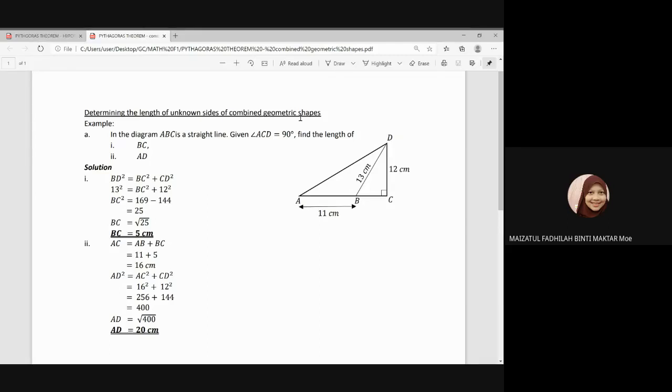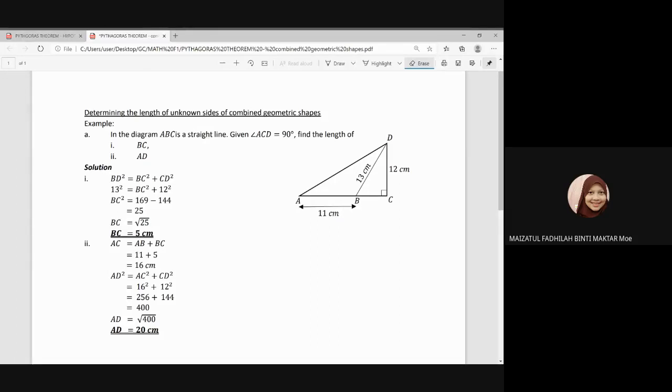You can see there are two triangles here. The first one is this one, another one is this one. But you can see the main one is a right angle triangle, this one. This is a combined geometric shape. Usually you need to remember and relate it with formulas such as area of triangle, perimeter, and so on.